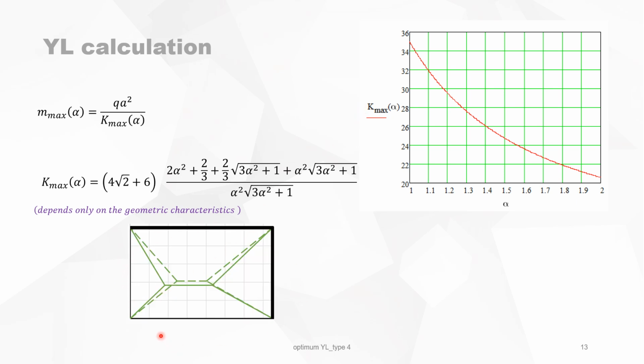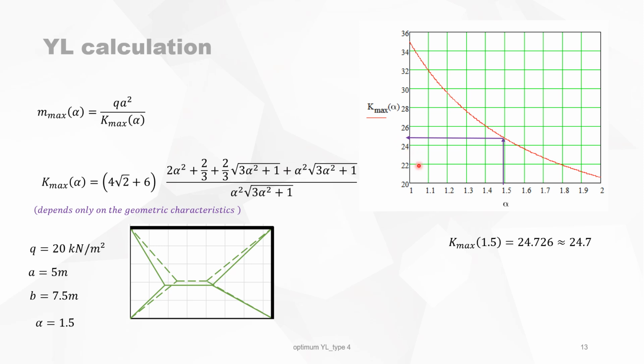Let's look at an example. We have a slab with a dimension of 5 by 7.5 meters, which means that alpha is 1.5, B over A, loaded with 20 kilonewton per square meter. So for alpha equal to 1.5, we obtain a k max factor of 24.7.